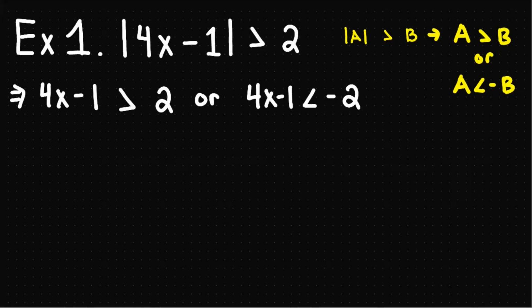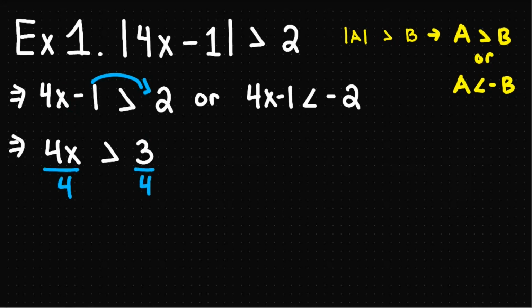Now we'll solve each of these split inequalities one by one. Solving for x, we start by moving negative 1 to the right, so we have 4x is greater than 2 plus 1, which is 3. Then we divide both sides by 4 to obtain x is greater than 3 over 4.